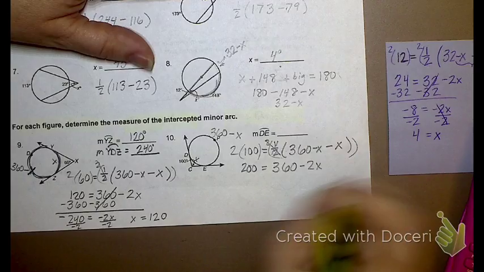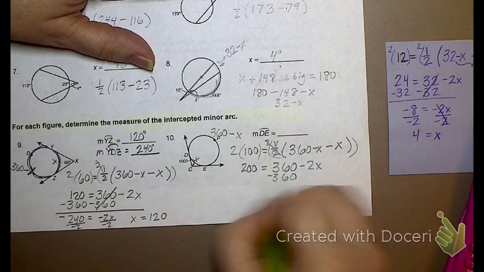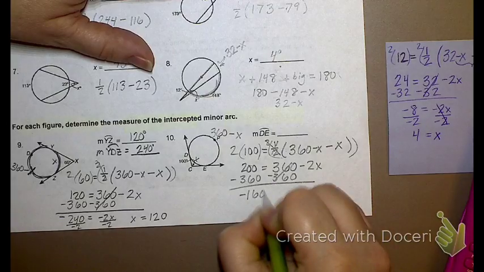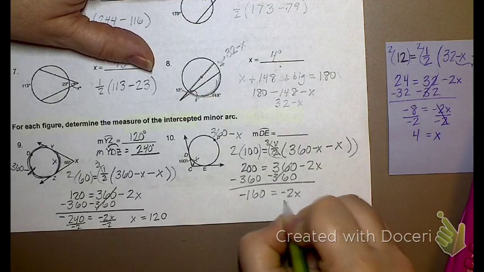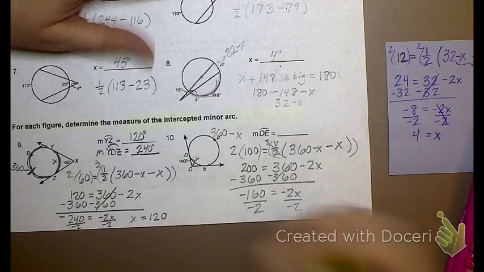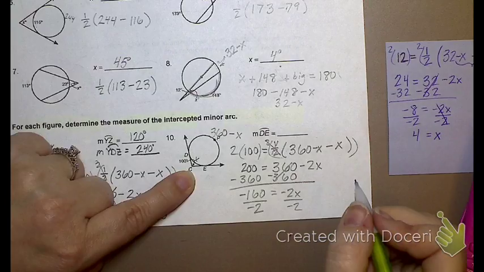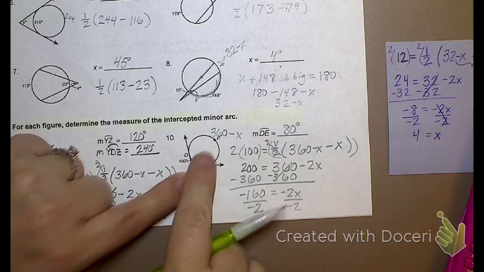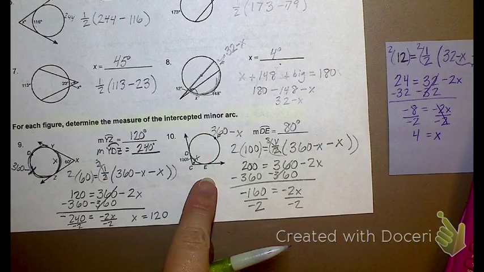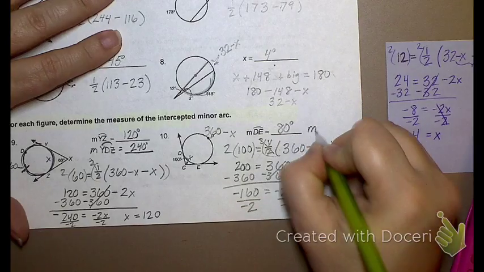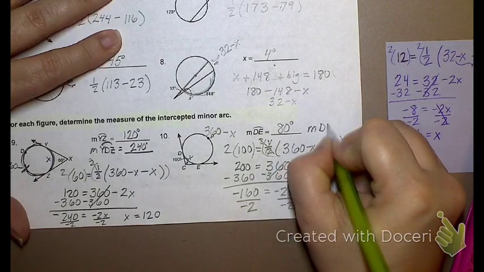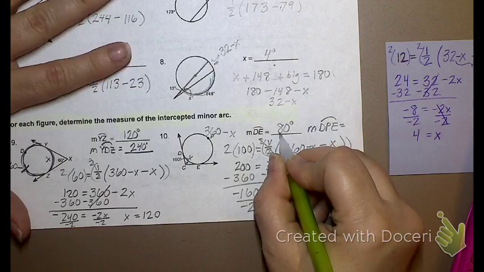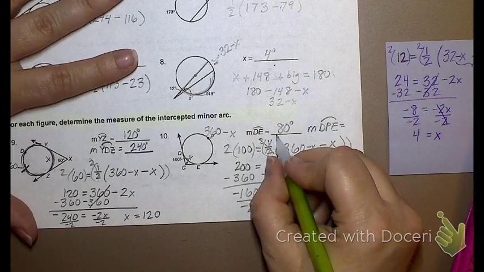Move your 360. That gives me negative 160 equals negative 2x. Divide by negative 2. And what does x end up being? 80 degrees. And again, if I asked for the measure of arc DPE, what would that be? 360 minus 80, which would be 280.